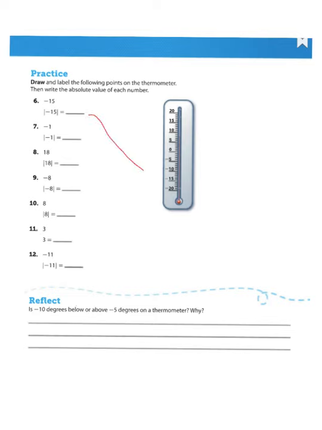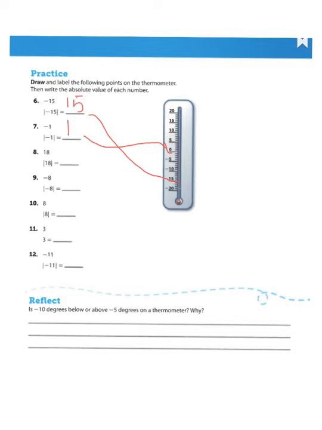If I draw my labels right there, and I'm writing the absolute value for negative 15, I'll have a positive 15. On number 7, negative 1, I'm going to draw my line to negative 1, and it's going to be right below the 0 there. The absolute value of negative 1 would be a positive 1.